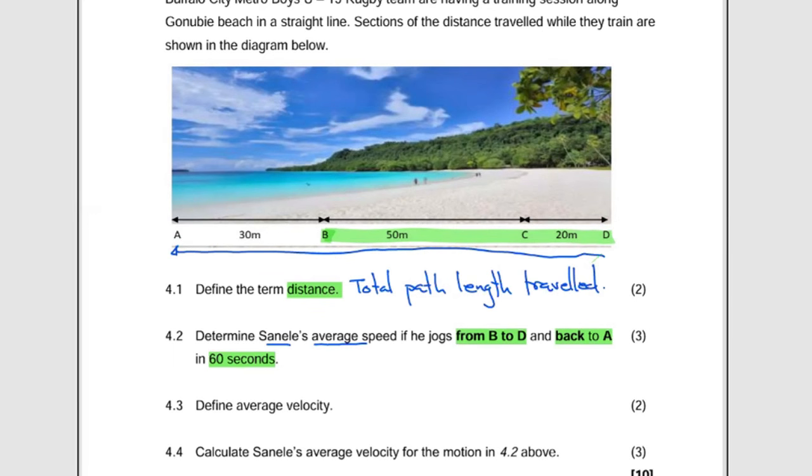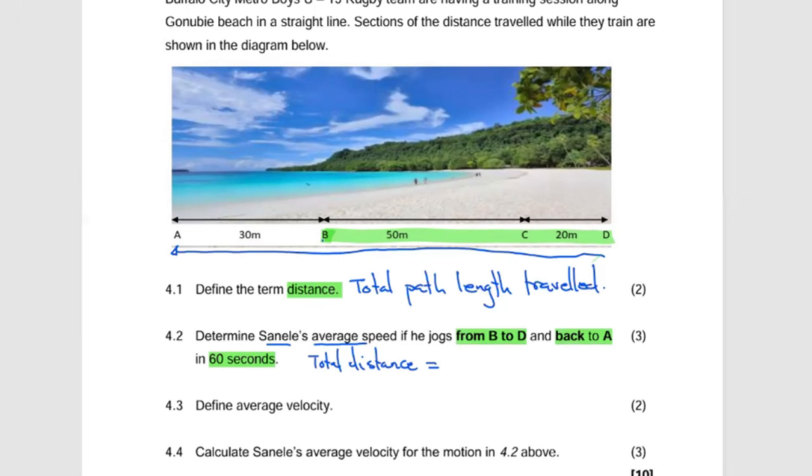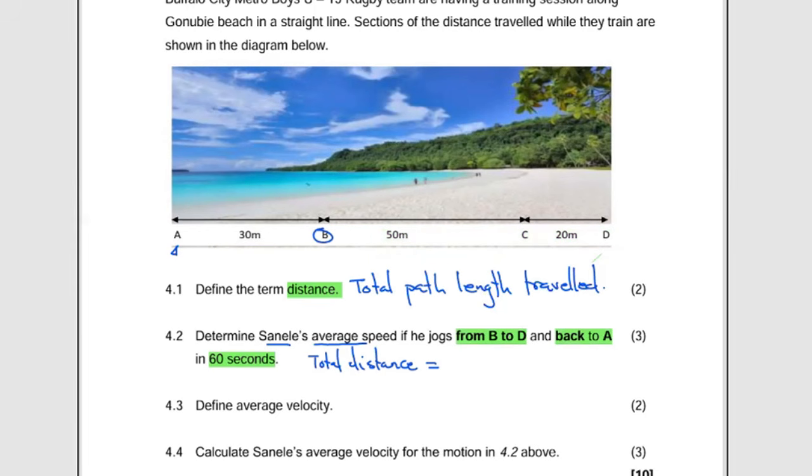So average speed, remember, we're going to say our average speed. The first thing that we need to know in terms of this, we need to get the total distance, right? So total distance that was actually traveled by Sanele is equivalent to, so he moved from B to C there, right? So if he moved from B to C, from this part to this part, it means he traveled a distance of 50 meters.